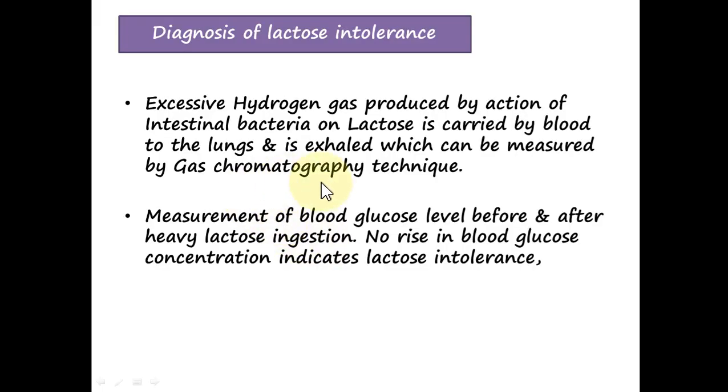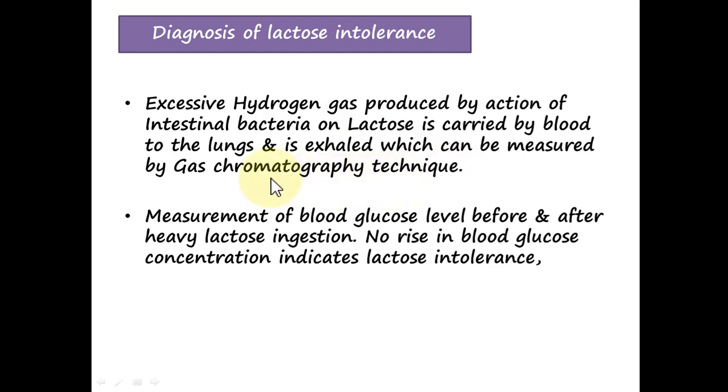How do we diagnose lactose intolerance? We know that the unabsorbed lactose in the large intestine is fermented by the bacteria or normal flora present in the large intestine, and the fermentation process results in the production of gases like hydrogen gas, carbon dioxide gas, and methane. Now, the hydrogen gas produced is absorbed into the blood and is carried into the lungs from where it is exhaled.